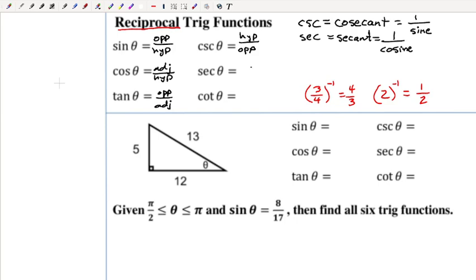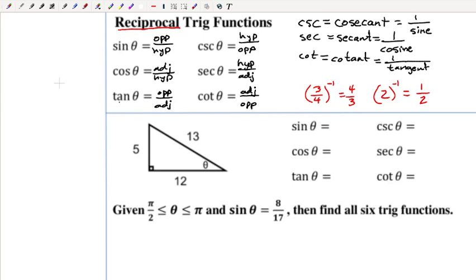So 1/cosine, or flip over the fraction: hypotenuse over adjacent. And then the last one, COT, stands for cotangent. And that is, you guessed it, 1 over tangent. Flip over your tangent fraction. So this is adjacent over opposite instead of opposite over adjacent.